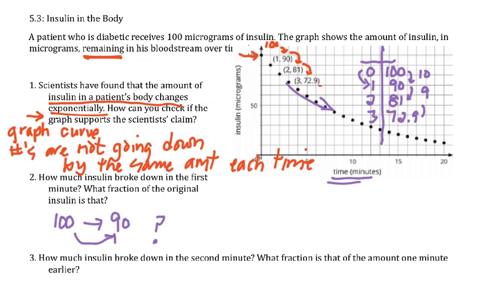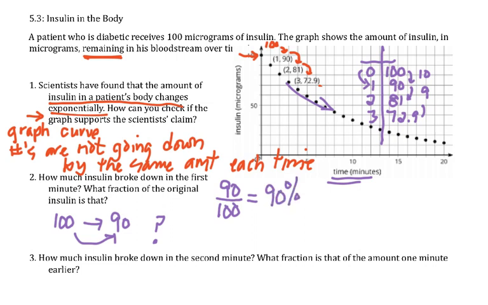You were asked that same question on the exit ticket. And one of the things I was encouraging people to do is, what do I multiply 100 by to get to 90? Or you could say, if I ended up with 90 and I started with 100, what is this? This is 90%.